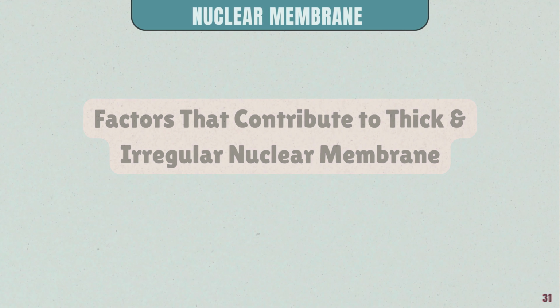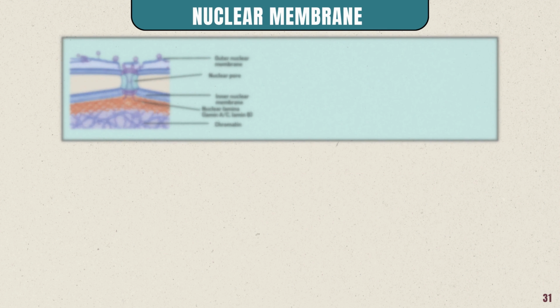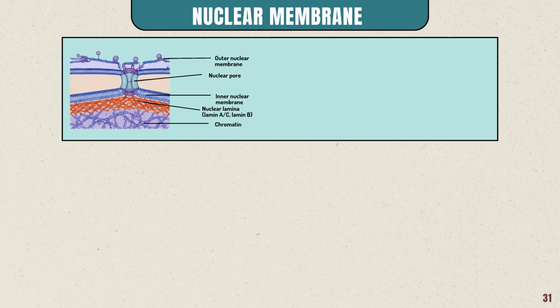The nuclear membrane surrounds and protects the nucleus. It consists of an outer and inner membrane with nuclear pores that allow RNA and protein to move in and out. Beneath the inner membrane is the nuclear lamina, a network of proteins called lamins. Lamins maintain the nuclear shape and provide mechanical strength, and also help to organize the chromatin.